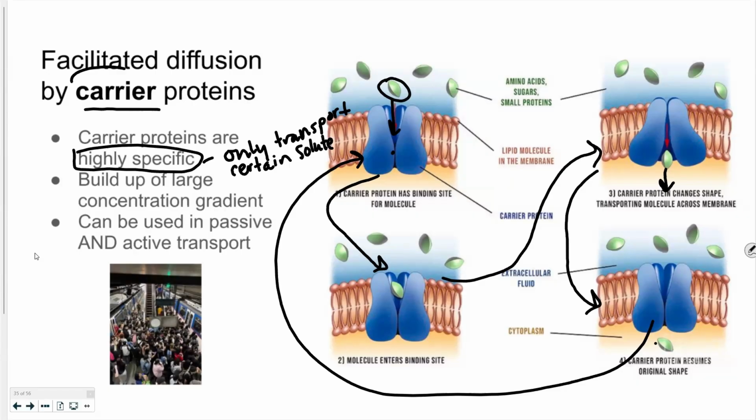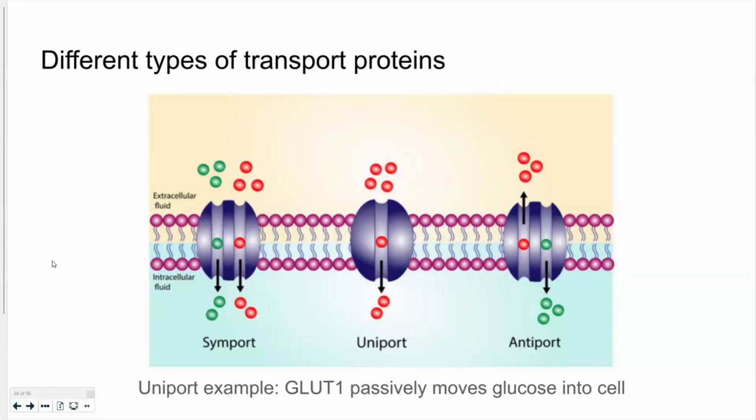What we see with carrier proteins, importantly, is that carrier proteins can be used in both passive transport and active transport. So they might require ATP depending on the situation. Okay. Again, looking at these, this should say carrier proteins.